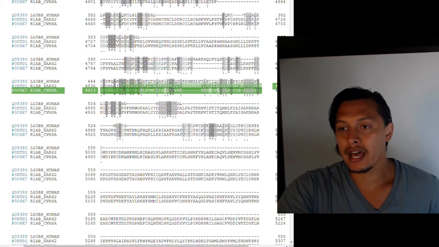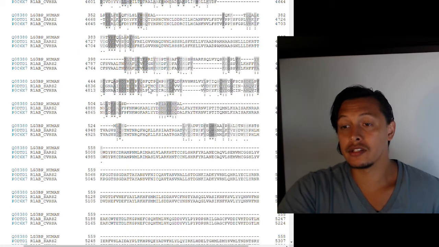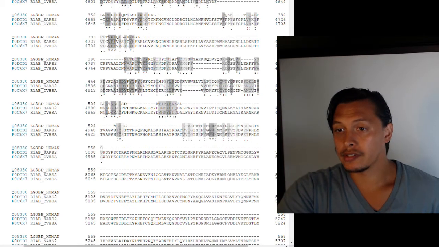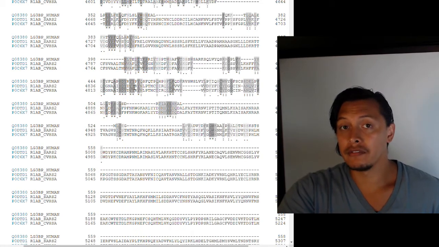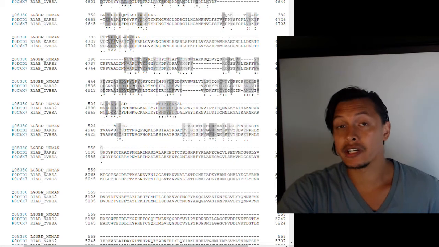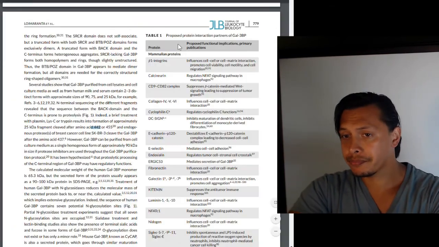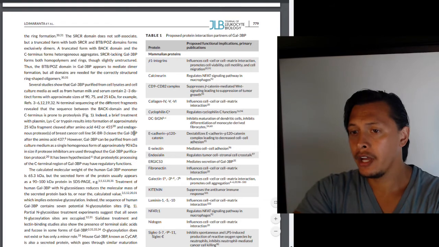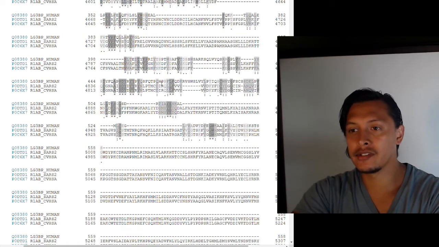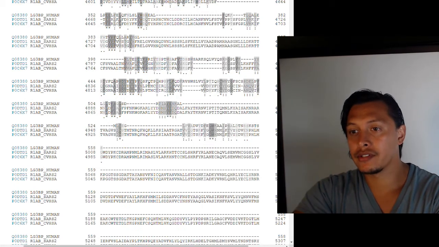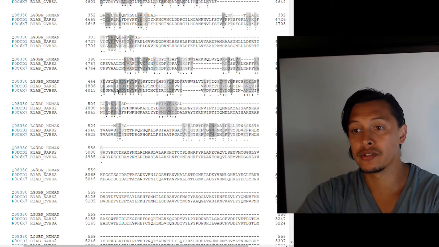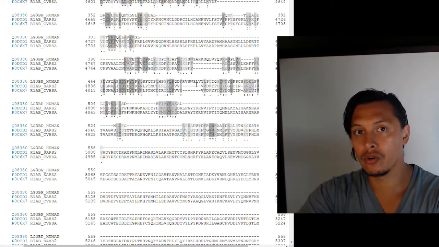So just keep in mind that this is probably a reality, because this would be indicative of very effective carbohydrate mimicking. Regardless, let's continue. And I should also say, this isn't to say that the R1AB of the coronaviruses somehow stole this motif or this domain from Galectin-3 binding protein.